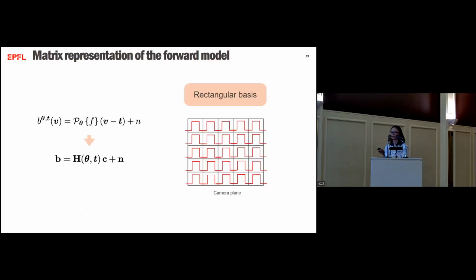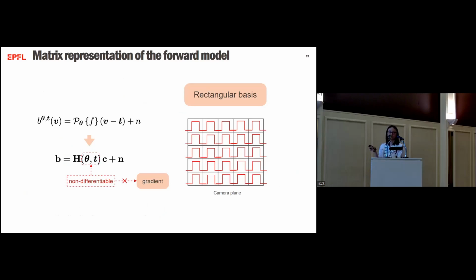So to numerically implement the forward model, we discretize it. The most common way to discretize the forward model is to adopt just a rectangular basis. Then we represent F by a vector. But this is not the most ideal case, because in this discretization, it's not differentiable with respect to the parameters that we want to estimate, theta and t. So we cannot use gradient methods.